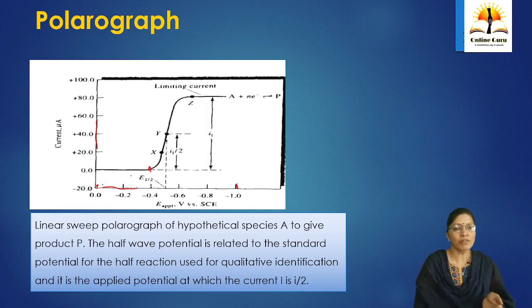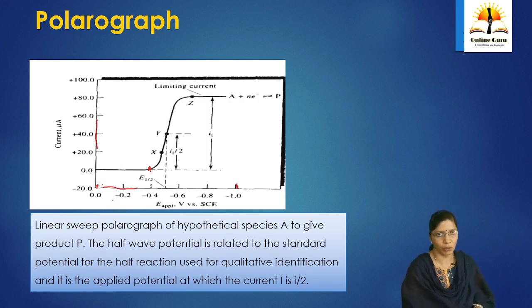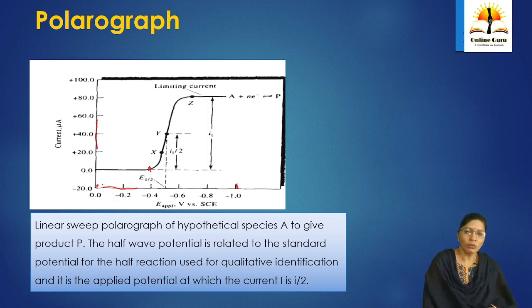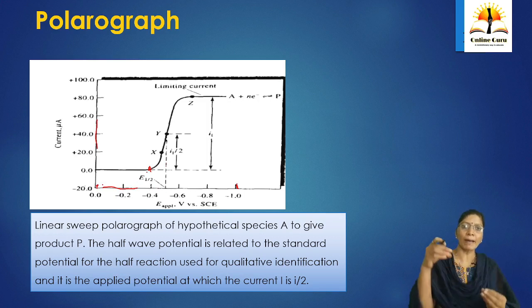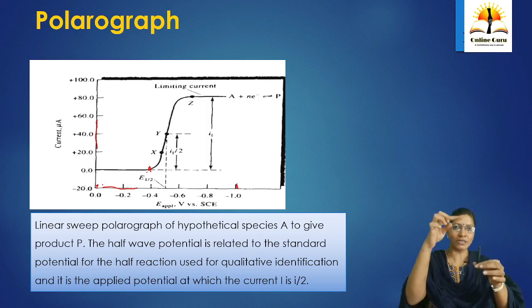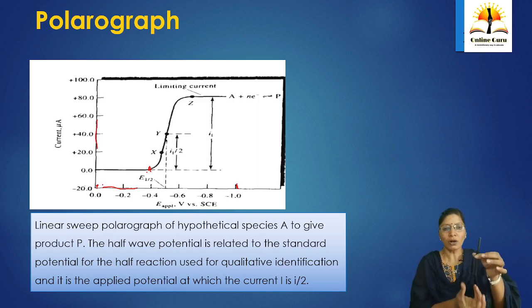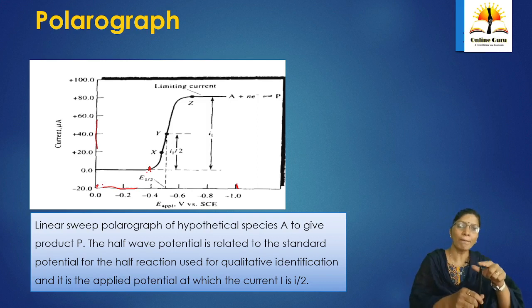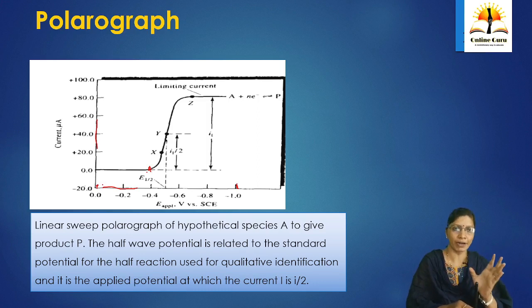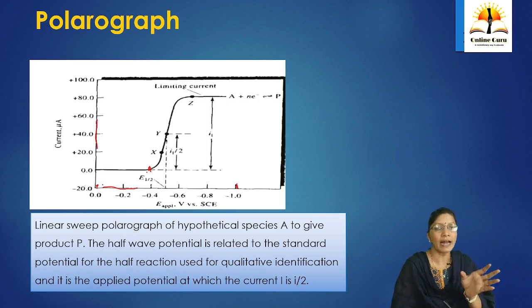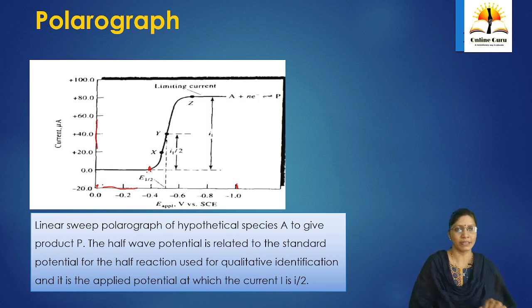Up till this point, whatever the magnitude of current, it is carried by the supporting electrolyte. We have a dropping mercury electrode with drop formation, and we apply a potential scan from 0 in the negative direction, with a fixed rate of change of potential applied to the electrode system, until we reach minus 0.4 volt.